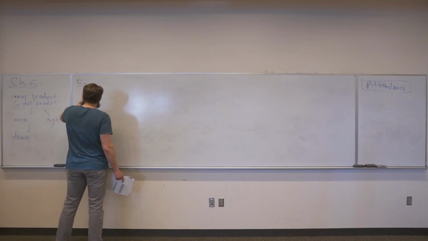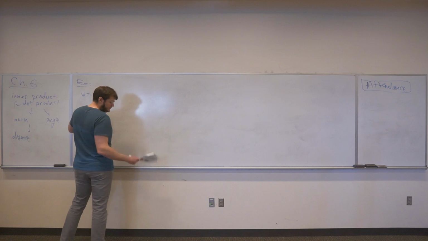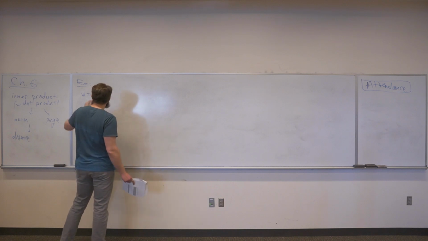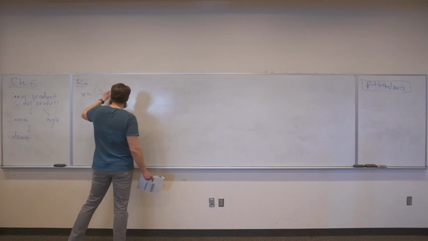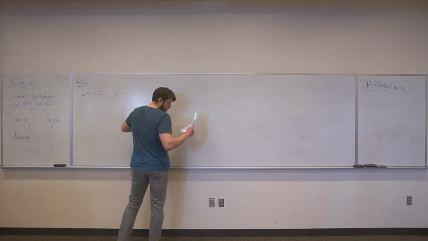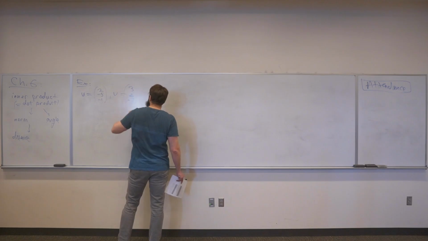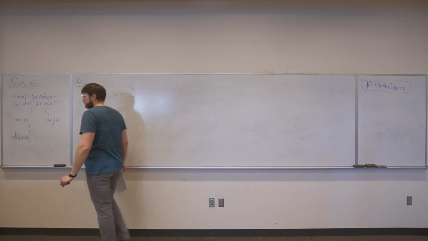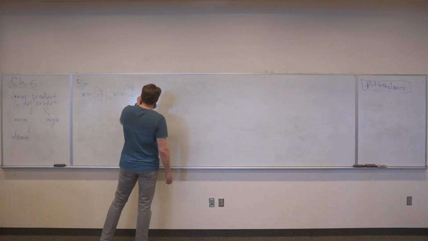So u is 2, -5, and -1. And v is 3, 2, -3. Okay. So these are two vectors in R3.